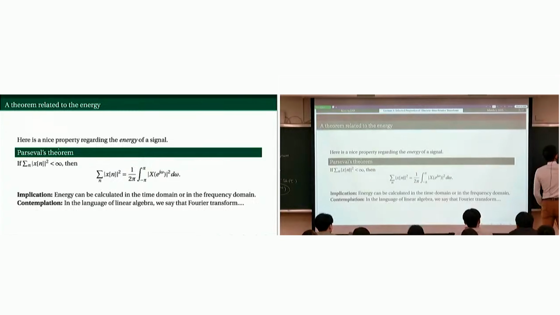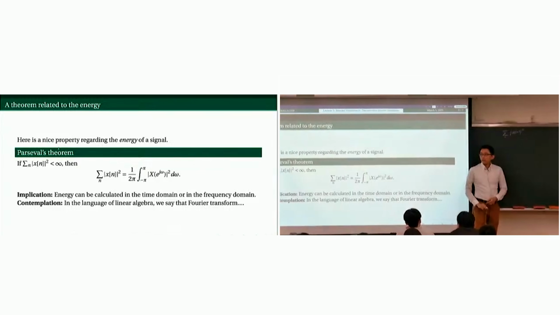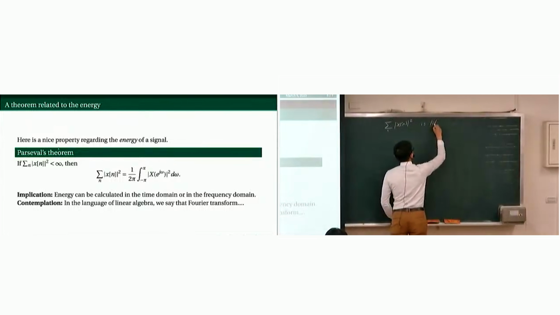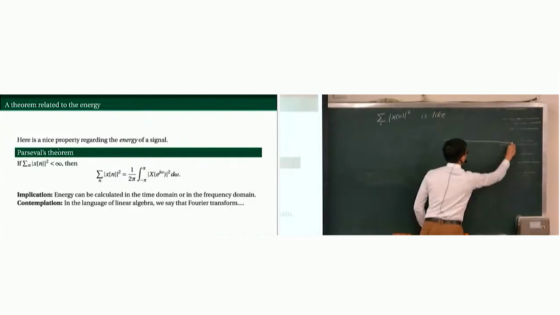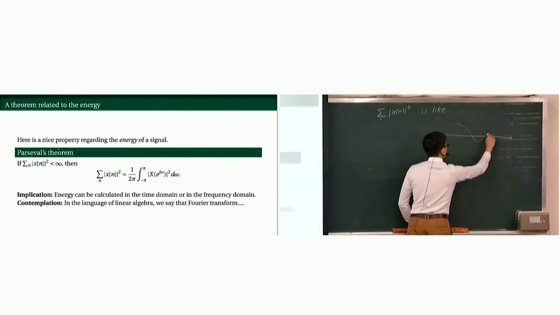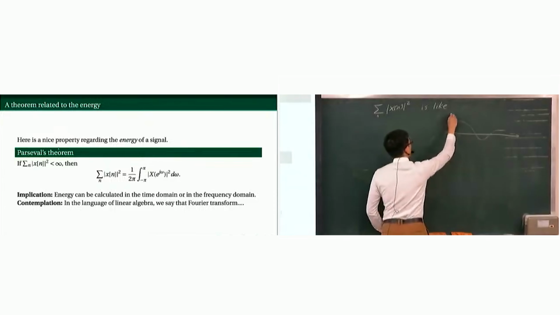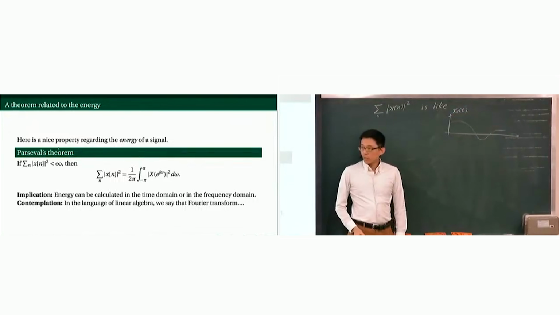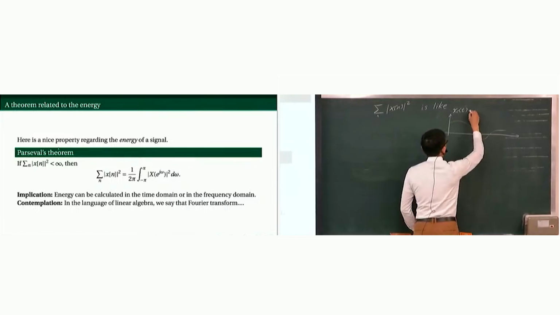We sum over all n, and when we sum x squared in time, it is like this: let's say we have x_c(t) in continuous time to begin with, and the unit might be volt.